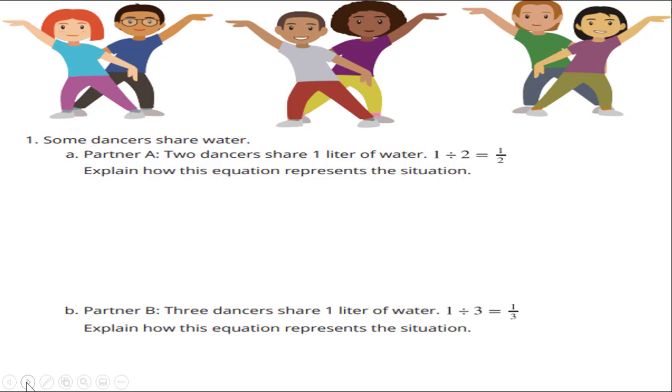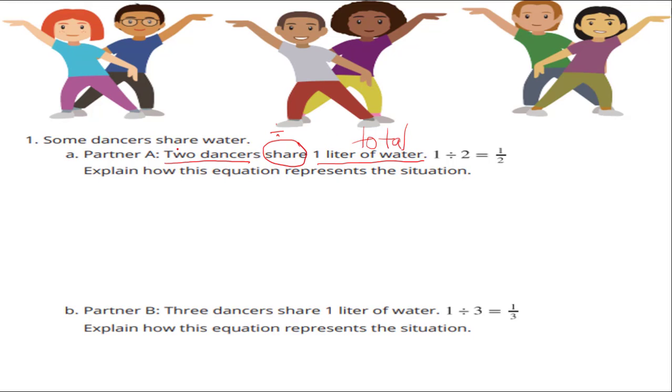Some dancers share water. Partner A says 2 dancers share 1 liter of water. So we have 2 dancers. They're going to share. That means what? Share means to divide. They share 1 liter of water. So we know that 1 represents our total because that's what they are going to share.